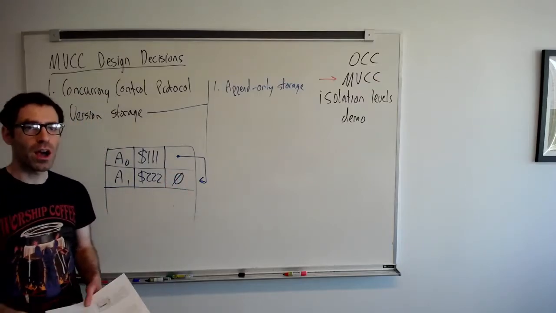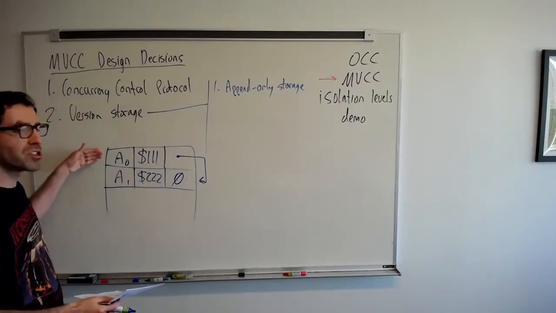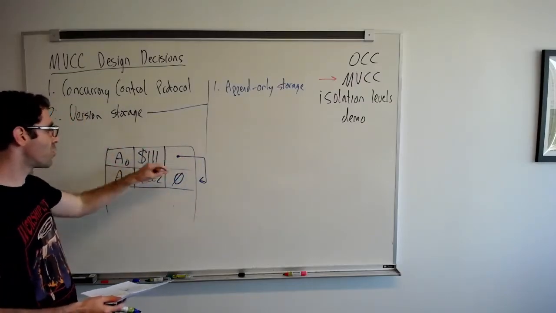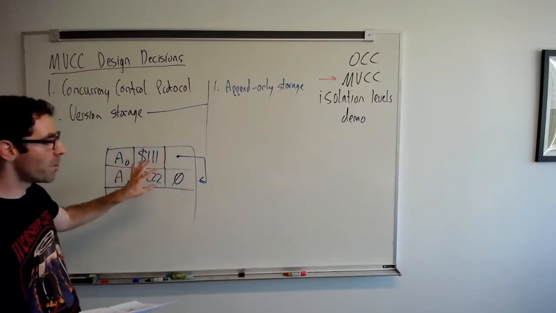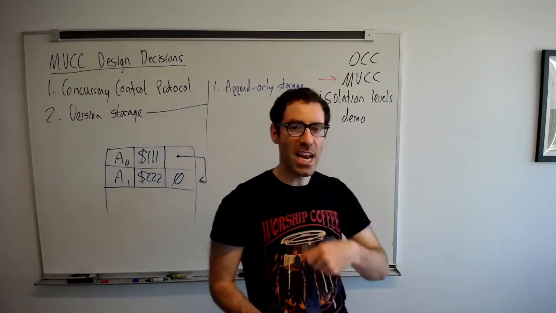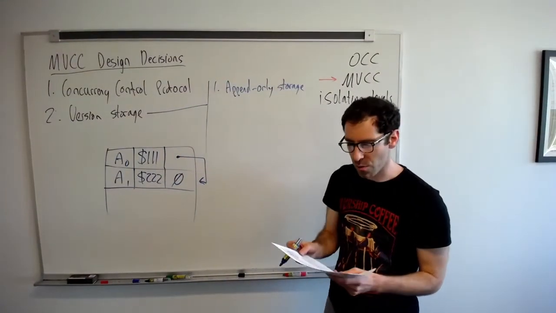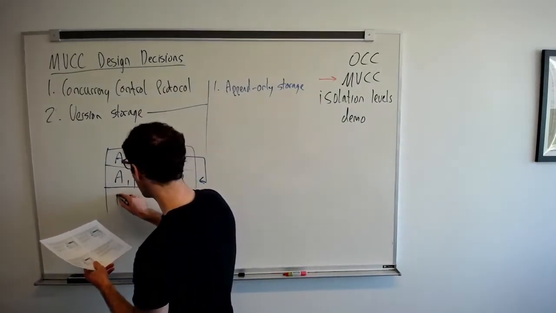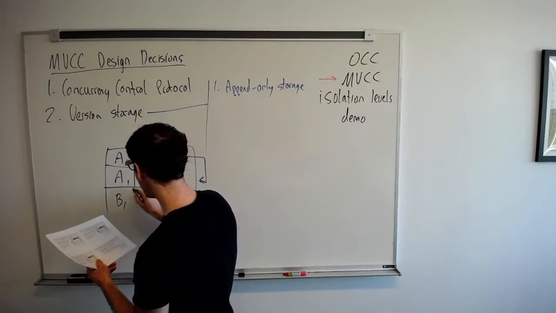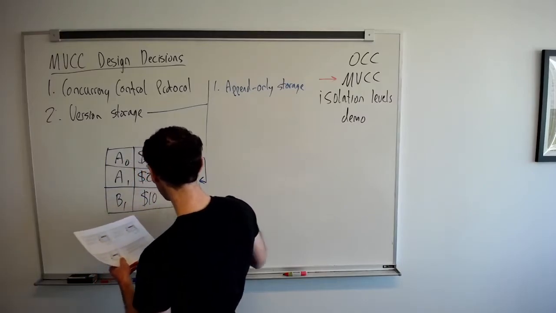To look up a particular version, you'd start at the head of the list, and then you'd traverse down it until you found the appropriate one. I'm omitting here the begin and end timestamps that I drew earlier, but those would be included as well. And we might have some other piece of data B1, $10.